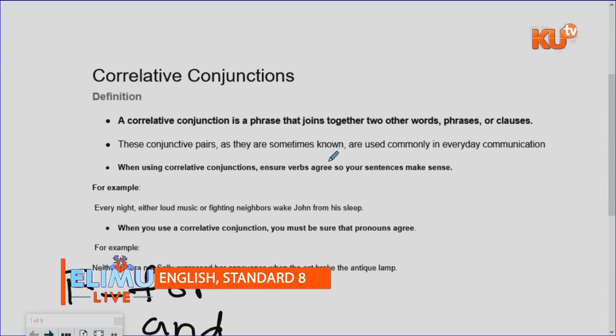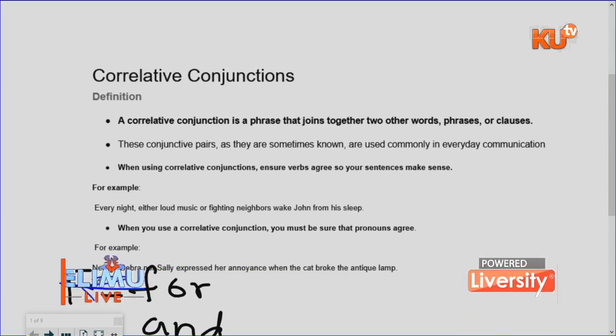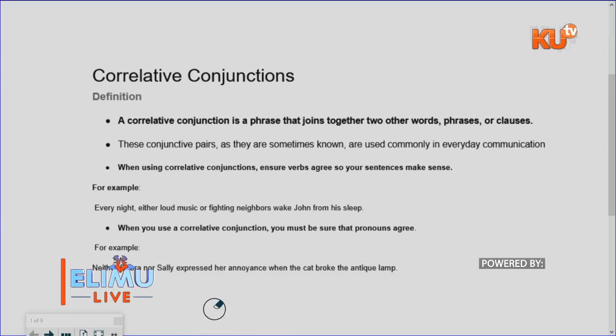So in our lesson today, we are going to look at correlative conjunctions. A correlative conjunction, therefore, is a pair of words or a phrase that joins two other words, phrases, or clauses.